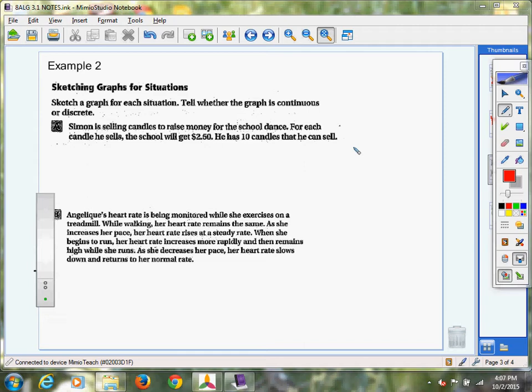Now as you're planning this out, you know how many candles he sells. So in this situation, because we have numbers, you can get a general feel for how things go. They don't always have numbers, but when they do, it helps. So number of candles we'll put over here, and then we'll make this total money that's being earned as each candle is sold.